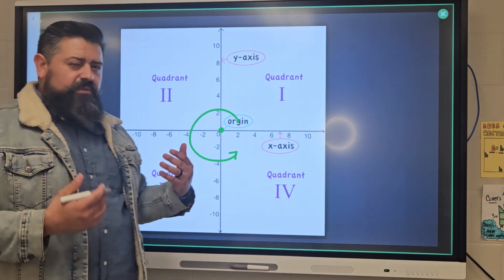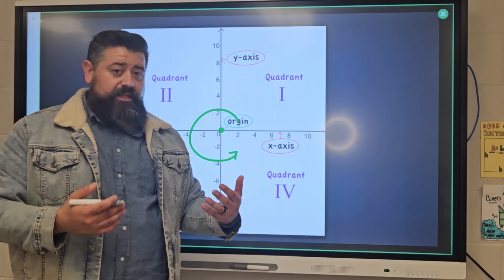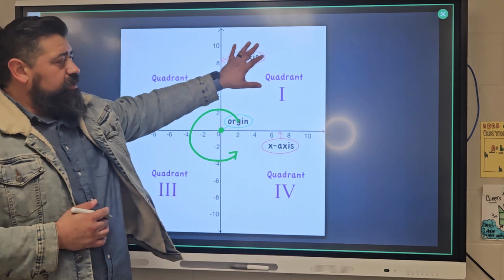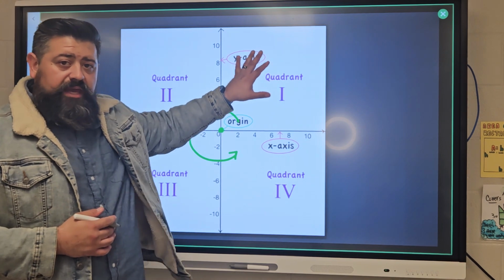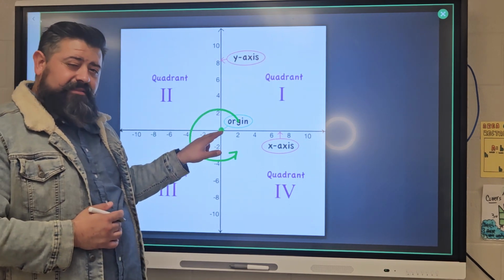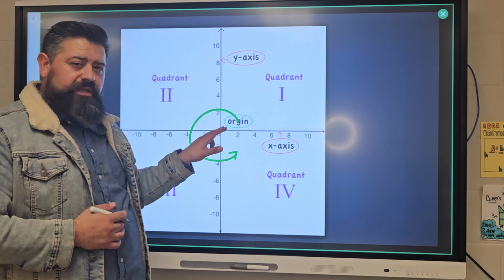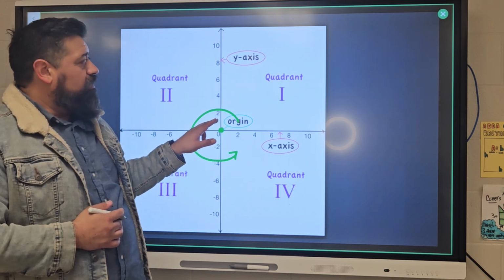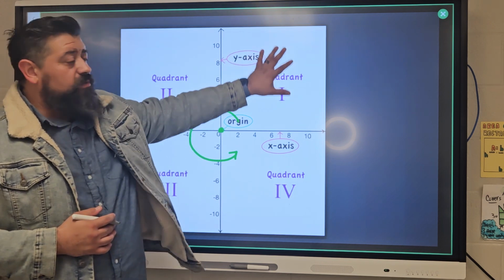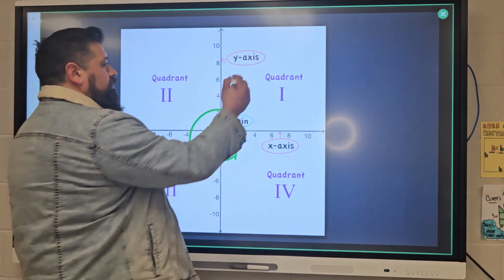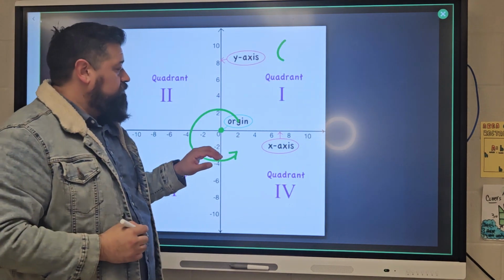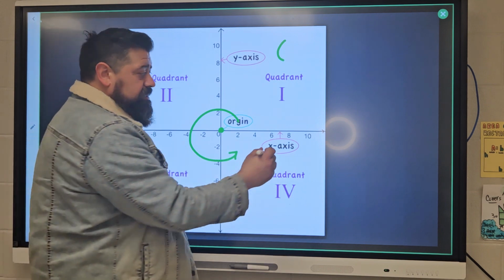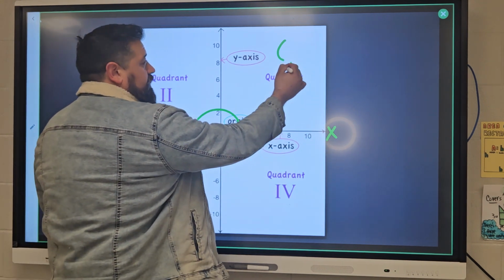So how do we plot on a coordinate plane? Well, we always start at the origin when we graph a point. In quadrant 1, if I want to find a point somewhere over here, I first move to the right on the x-axis. Remember that this is your x.